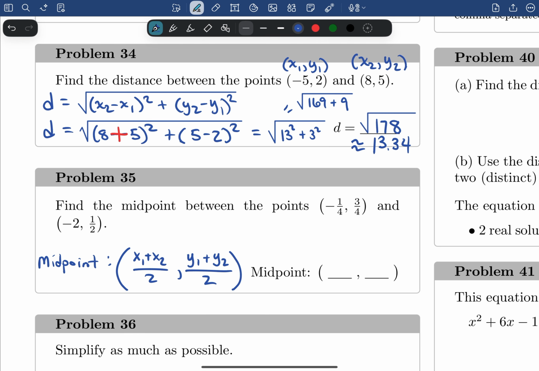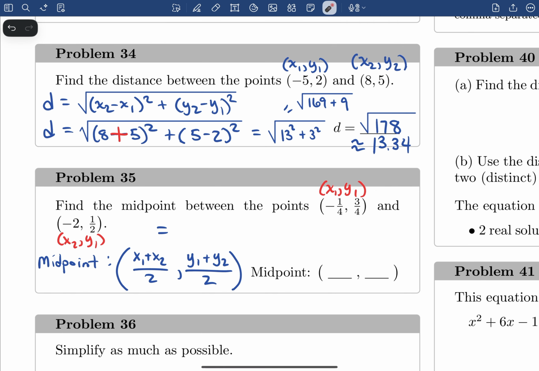Now, yeah, our labeling system is this first point given, that's like x1, y1. And the second point that was given, that's x2, y2. So we're going to use these values, plugging them into this formula. So in our case, we're going to take x1 plus x2 and divide by 2.